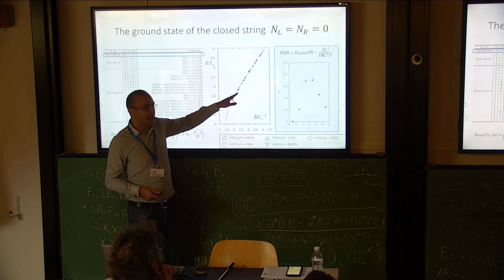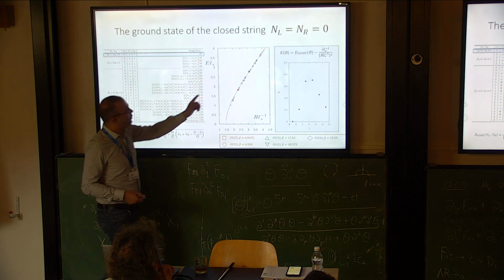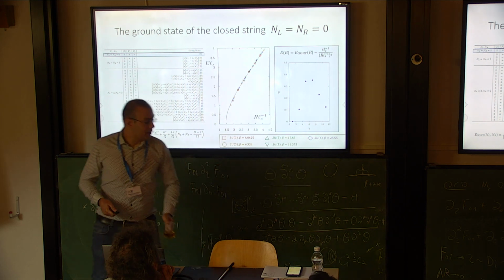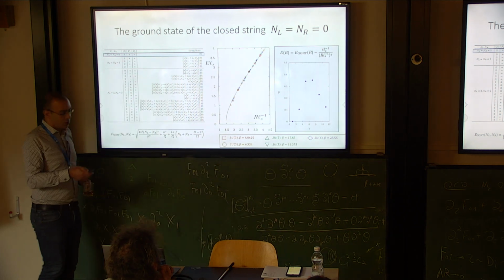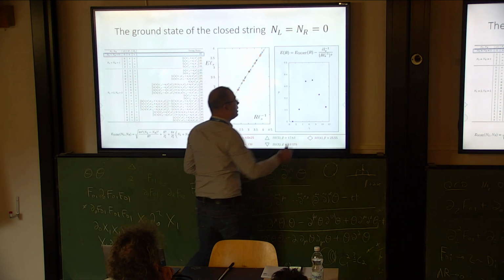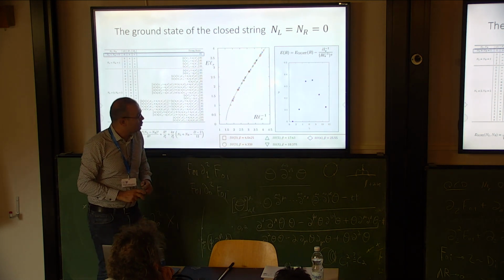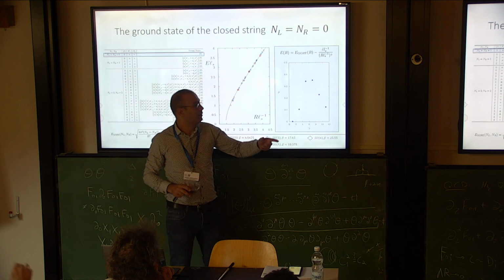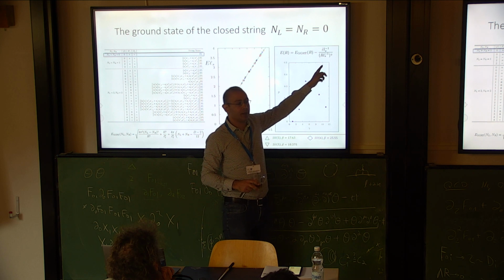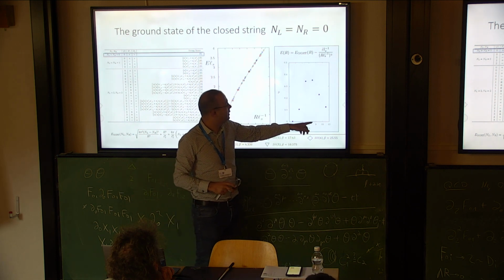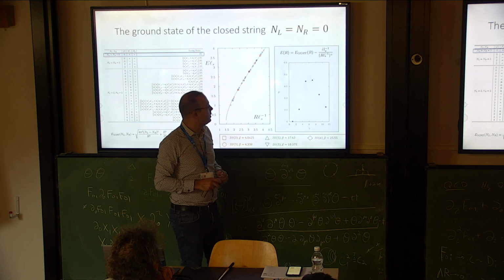You fit this data with Nambu-Goto for large enough strings, extract the string tension, and then use it to identify the leading correction, which is found to be consistent with gamma equals 7. So the subleading term is in accordance with gamma equals 7, as we expect from the theory.